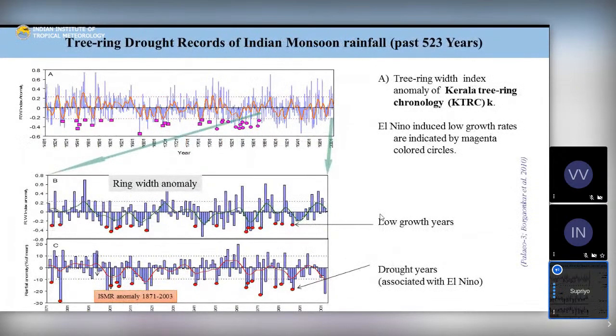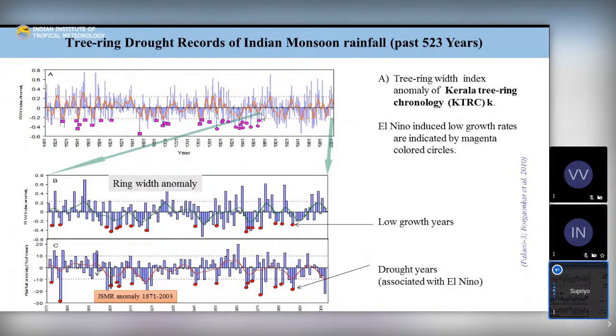Now another tree ring record is shown, which represents the climate of the southern Indian peninsular region. Several tree ring samples were collected from Kerala, and an index was formed. These purple boxes represent the low growth rate.